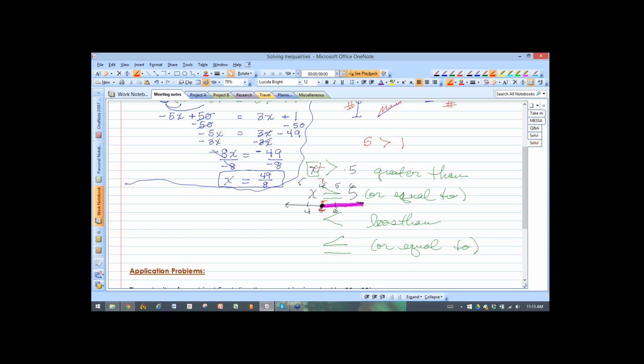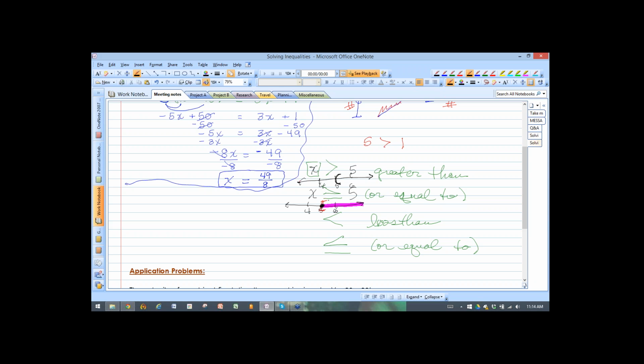Instead of a squared off bracket, you use a parenthesis.